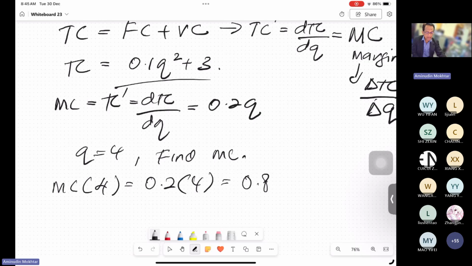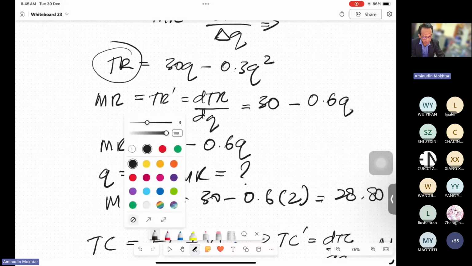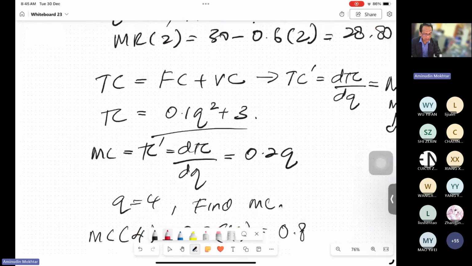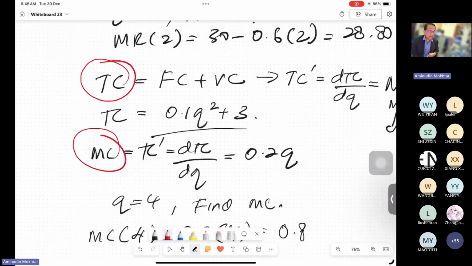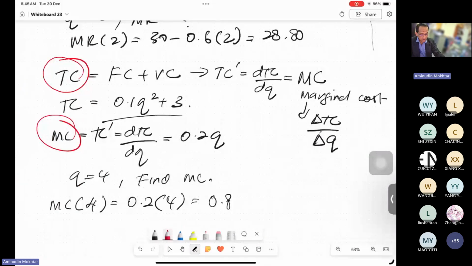That's the relationship between TR and MR, total revenue and marginal revenue. The second one is about total cost and marginal cost, or kos sut, MC.